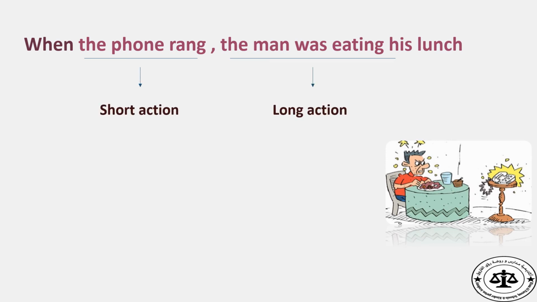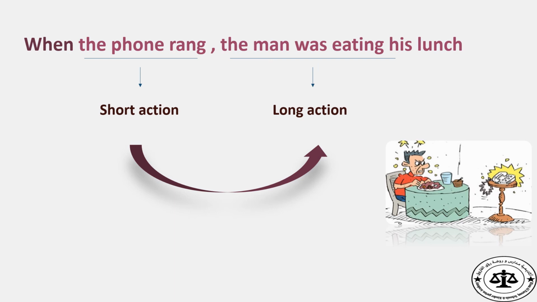Excellent. Which action is interrupted by another action? The long action was interrupted by the short action. Excellent. Let's repeat. The short action is in the simple past and the long action is in the past continuous.